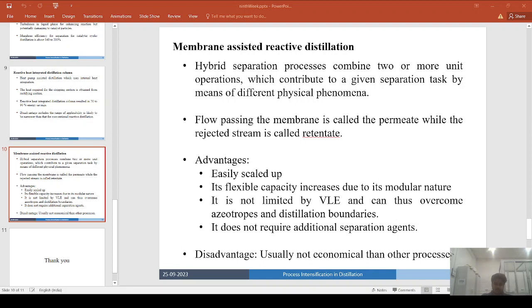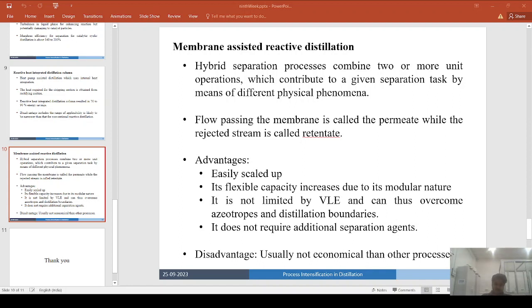Membrane processes are not usually economical. They are quite hefty, they come with a very hefty price. So why are they not economically viable? Because if large permeate flow rate or large purities of both the permeate and retentate streams are required, then they become very non-economical, because in such cases membrane separations are not usually robust, and they do not fare well with large quantities.